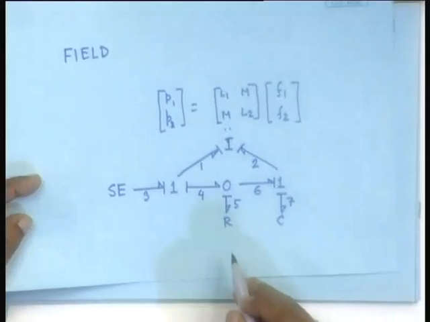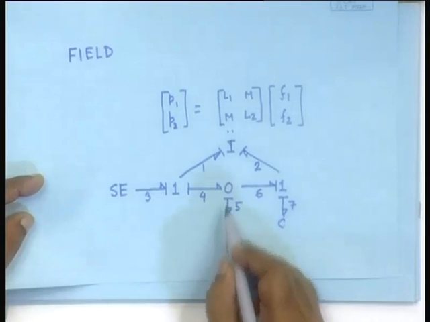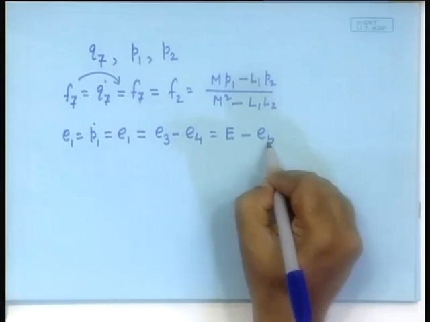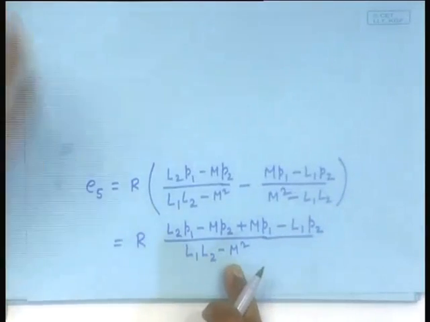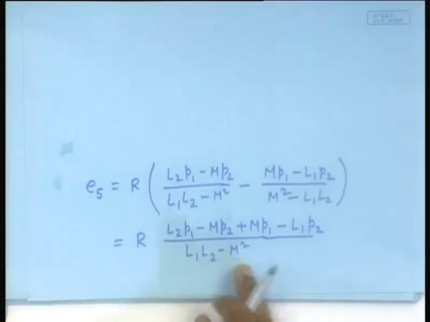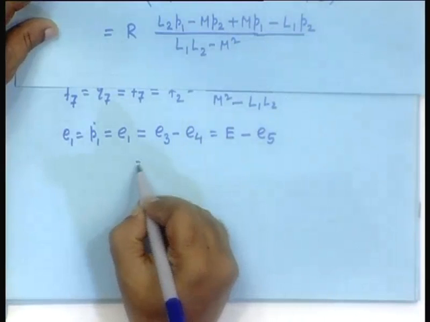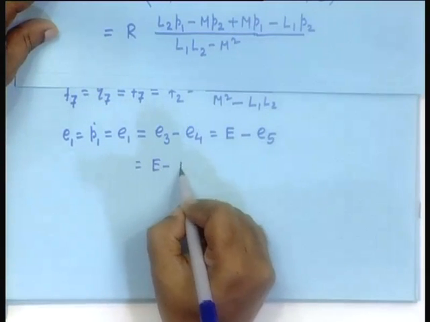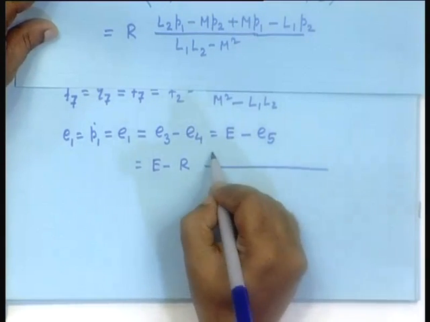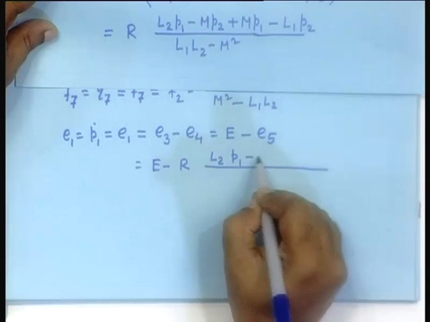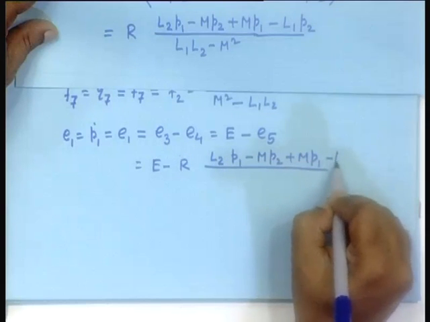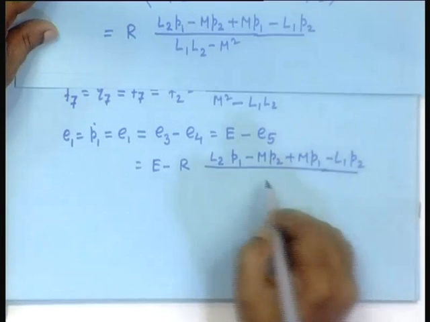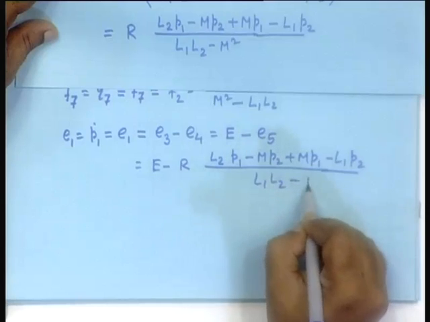E4 is E5, and E5 is known here. So, just substitute it there, you have the equation: E minus R times this big stuff, L2 P1 minus M P2 plus M P1 minus L1 P2 divided by L1 L2 minus M square.